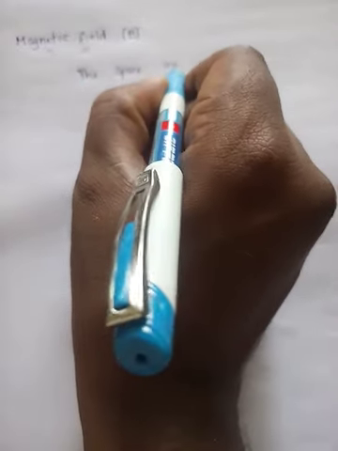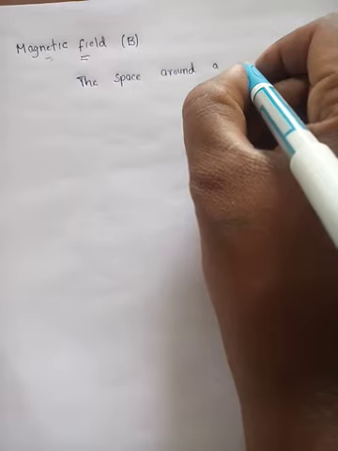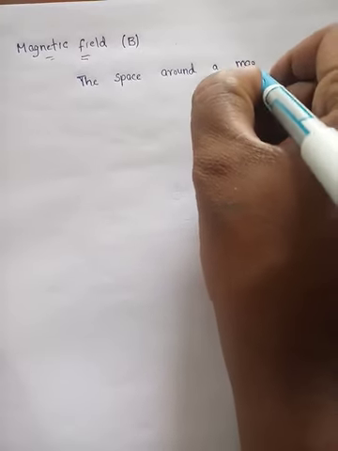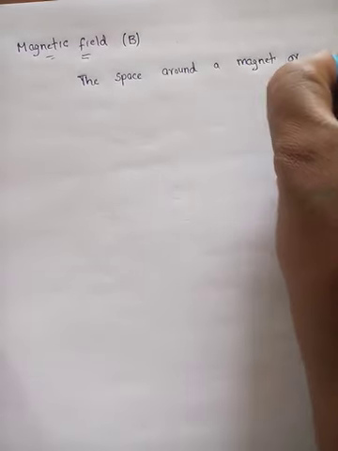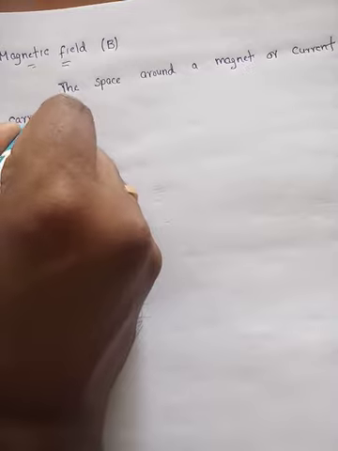The space around a magnet or a current carrying conductor in which its magnetic force has to be experienced, right? Its magnetic influence can be experienced.